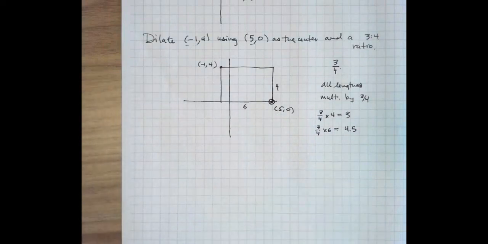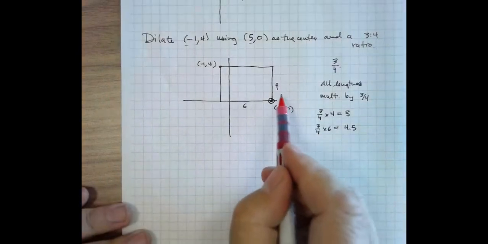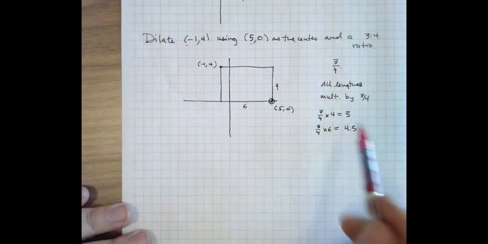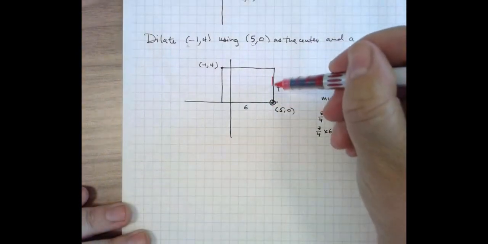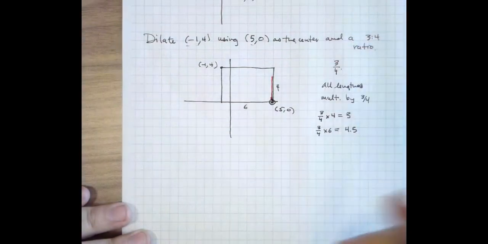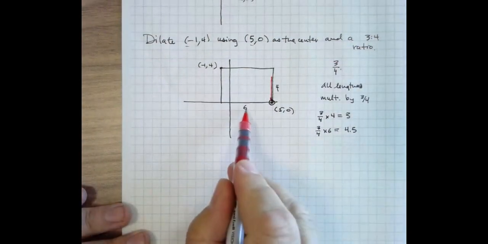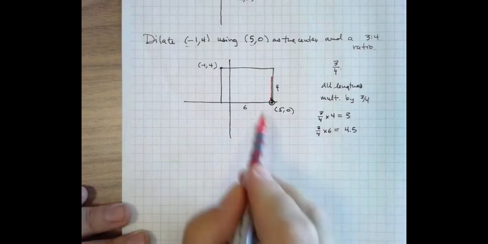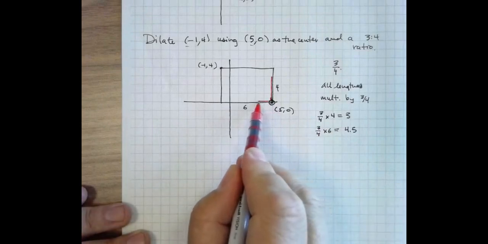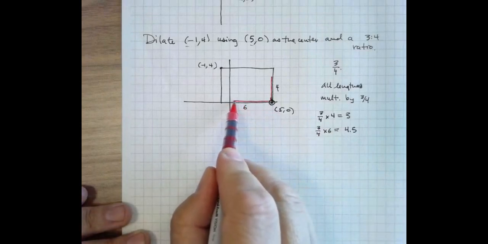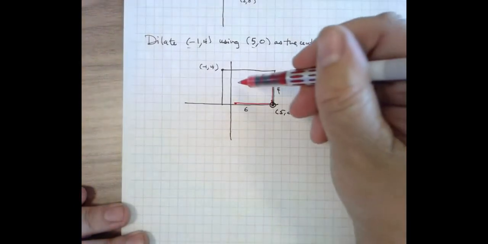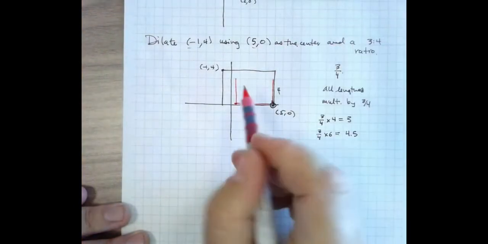So my new rectangle is going to draw in towards that one. Instead of being 4 tall, it's going to be 3 tall. 1, 2, 3. Instead of being 6 across, it's going to be 4.5 across. So I'll go 1, 2, 3, 4.5. That's the halfway point.